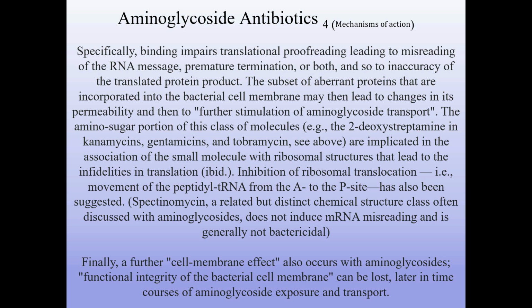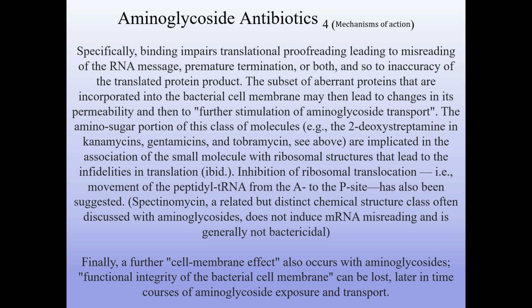The amino sugar portion of this class of molecules are implicated in the association of the small molecule with ribosomal structures that lead to the infidelities in translation. Inhibition of ribosomal translocation, movement of the peptidyl tRNA from the A to the P site, has also been suggested.